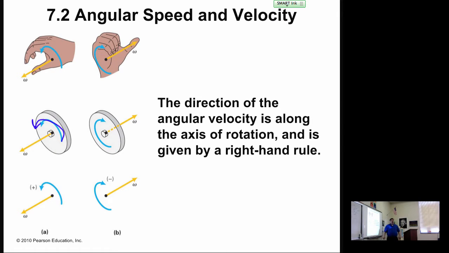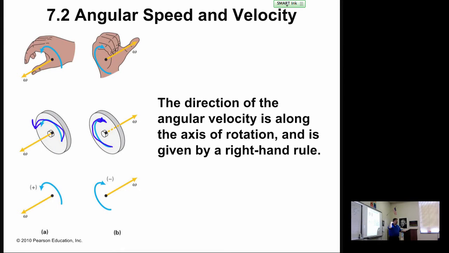Now, if the wheel's rotating the other way, you still use your right hand, but notice where my thumb goes. So if my wheel is rotating this way, my thumb points the other way. Does that make sense?